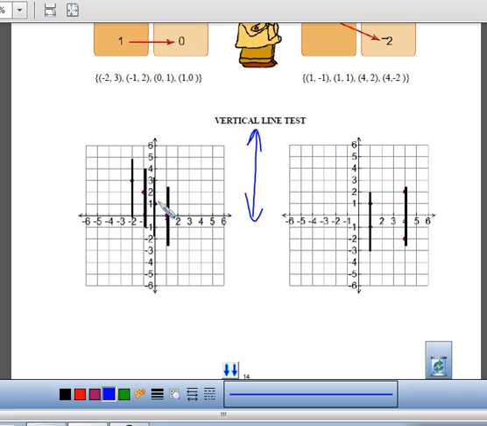So if you look at a graph, and you have a line, or a bunch of points, and then you draw vertical lines through whatever you have graphed, if each of these vertical lines goes through only one point, it is a function.